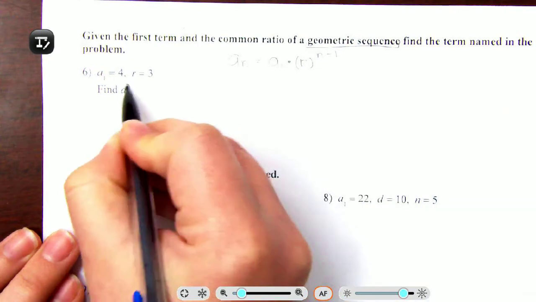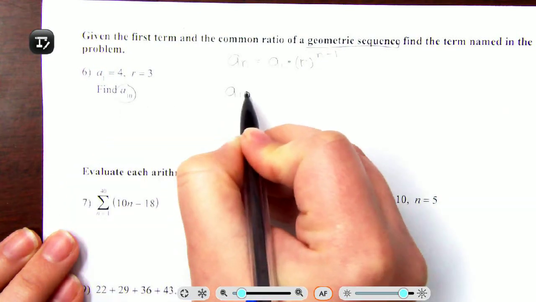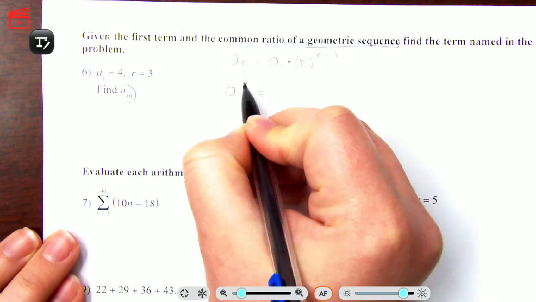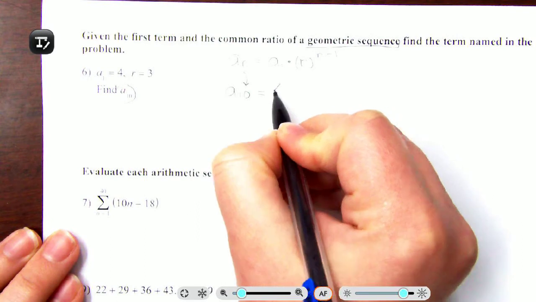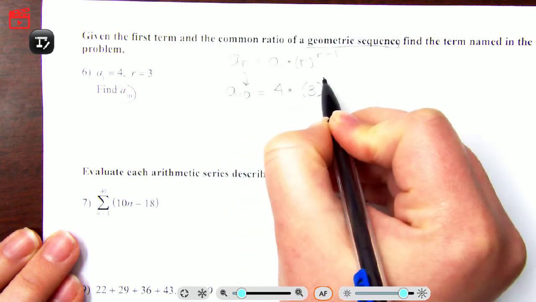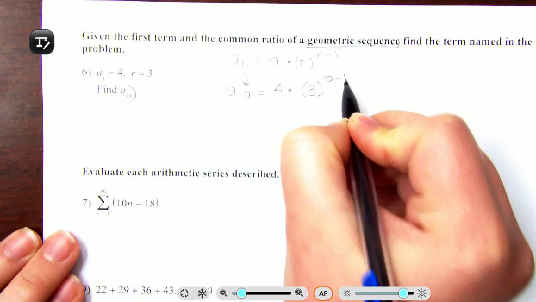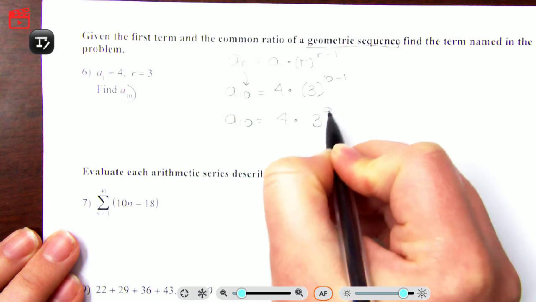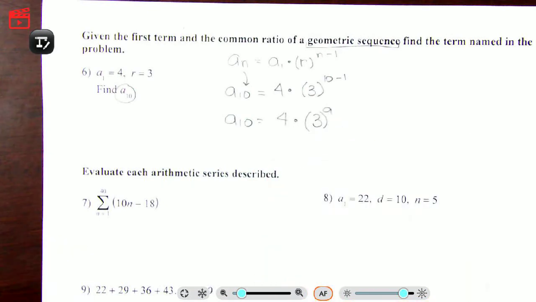We're doing a sub 10 now, so that means n is 10. A sub 1 they give us is 4, times r, which is 3. N again is 10. Now I have a sub 10 is equal to 4 times 3 to the 9th power.